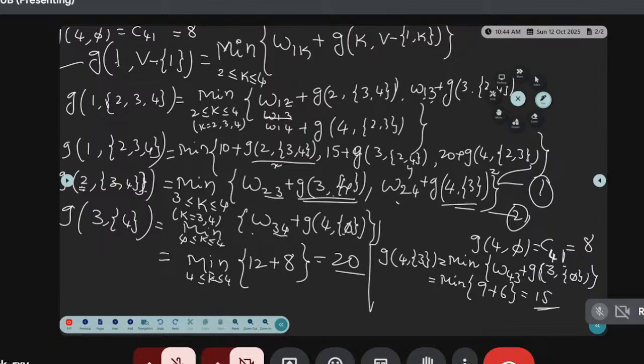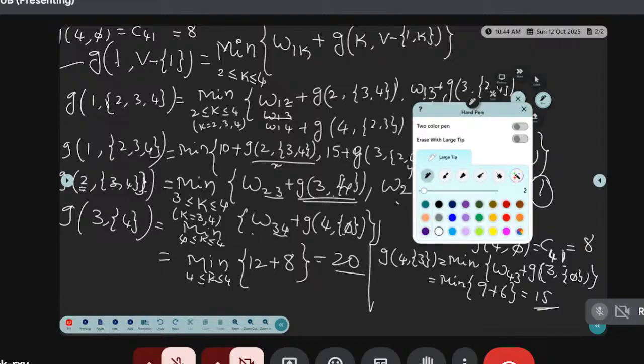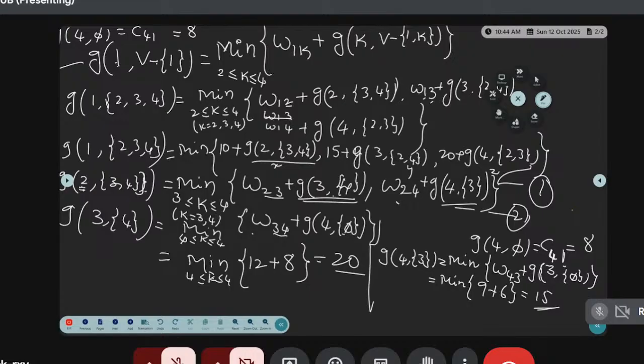Once you know these two values, substitute g of 3 comma 4 and g of 4 comma 3 values in equation 2.